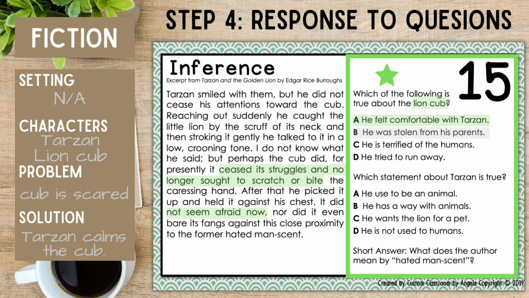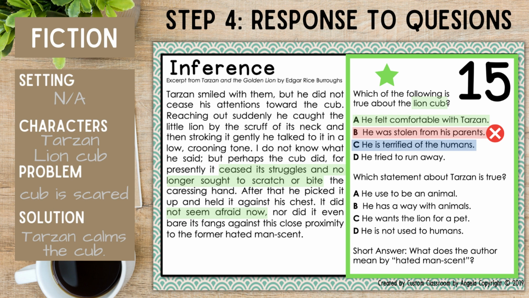B, he was stolen from his parents. This is incorrect since there are no clues about the parents or being stolen. C, he is terrified of the humans. Now this sounds possible, so let's look at it more closely.